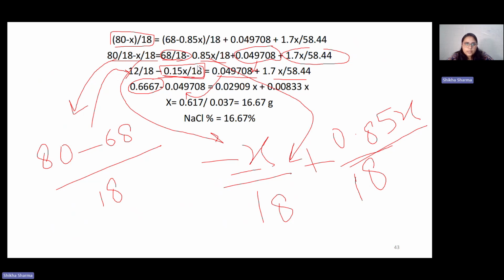we have this term of x and this term of x, so it would be plus now, right? So we can keep this both and it will be in plus. So it would be 0.02909 x plus 0.00833 x.